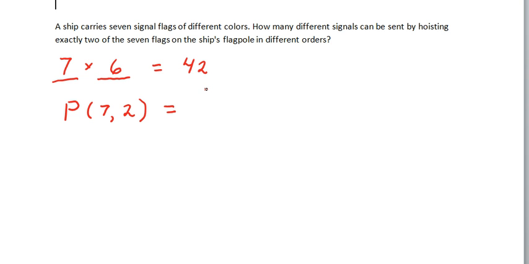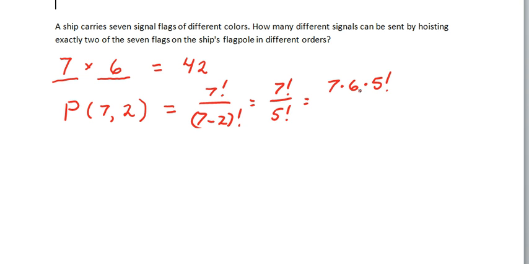Using the formula, this would be 7 factorial over 7 minus 2 factorial, which would be 7 factorial over 5 factorial. Once again, we expand the larger factorial so that it's 7 times 6 times 5 factorial, because there's a 5 factorial in the denominator. And so you see the 5 factorials again cancel, and we get 42.